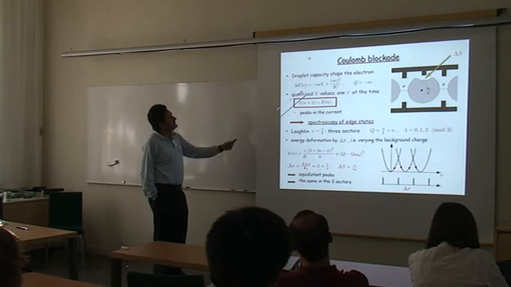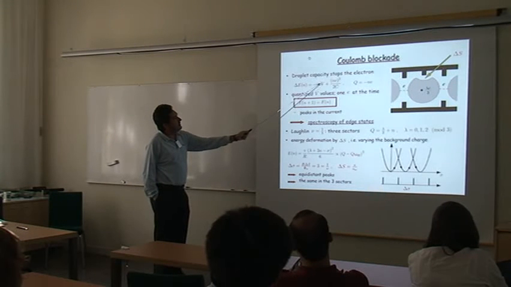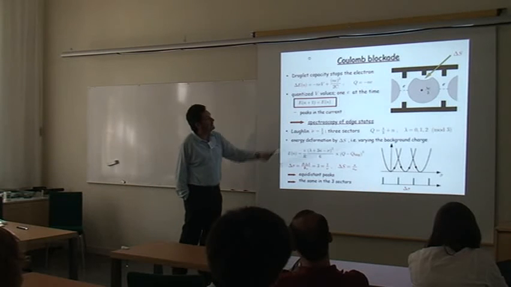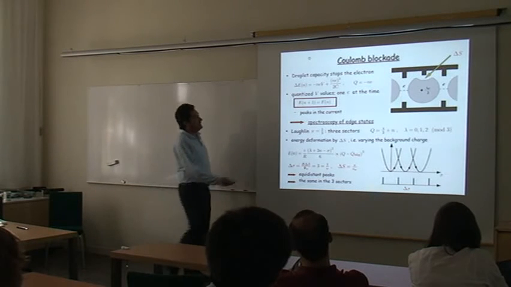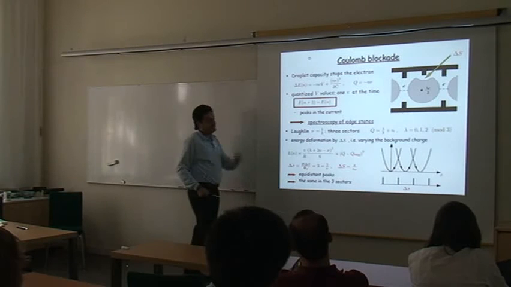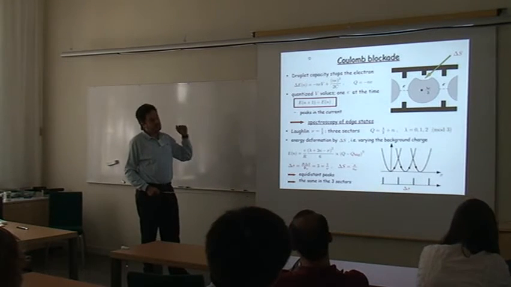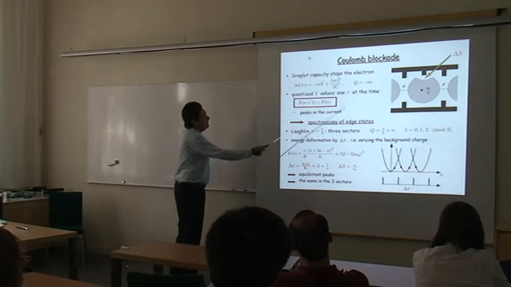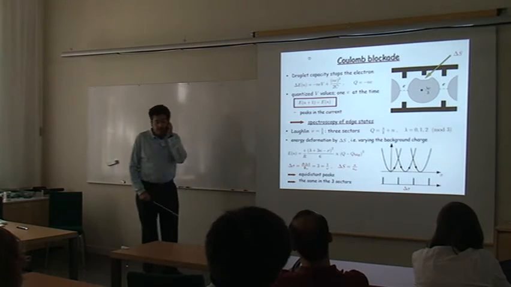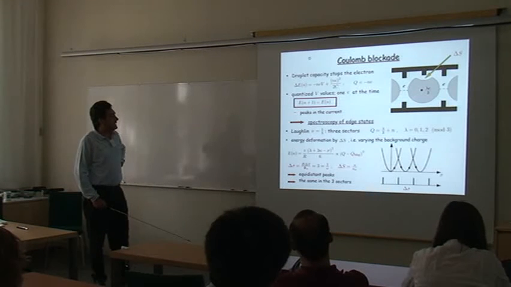And in fact, this happens when these two terms are equal, and so the energy levels are degenerate. So when inside the system there is an empty level which becomes degenerate with the filled level, at this point an electron can go through. Okay? So it's a way to do spectroscopy of edge states.